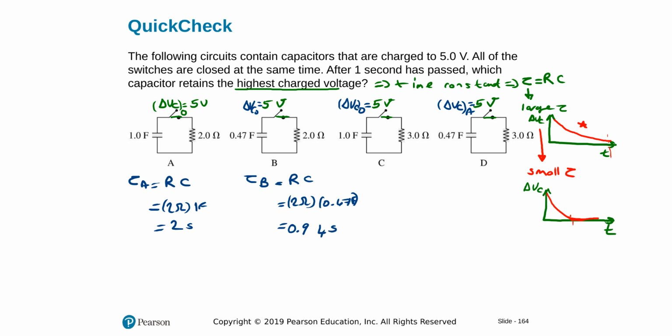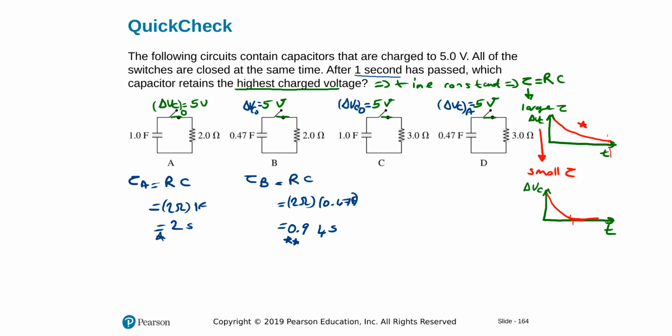So the decay time is less. After 1 second passes, this one will have more potential difference than that one, because that one, with 0.94, decays faster, has a shorter time constant or characteristic time or decay time, if you like.